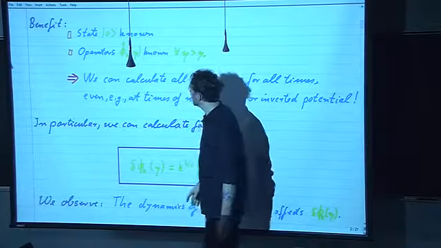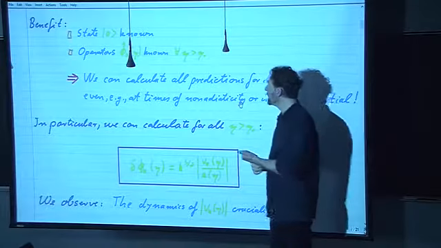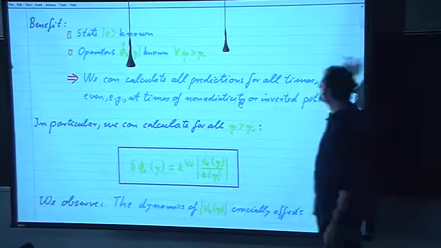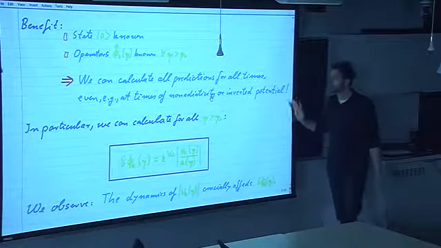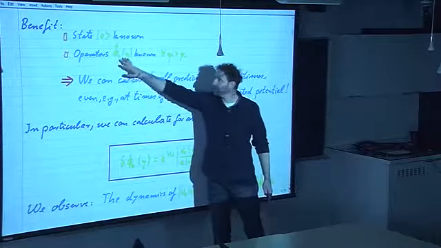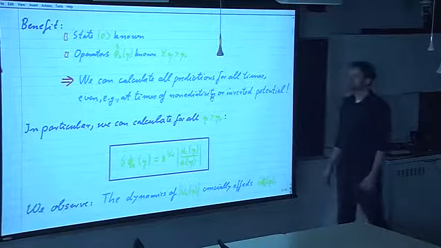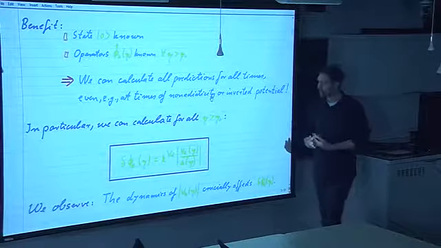In other words, we know all operators at all times, at all locations, and we know what state the system is in, which means we can calculate everything. All the predictions of the theory are available to us now because we have the full dynamics of all operators, and we also know the state. In particular, we can calculate the size, the amplitude of quantum fluctuations.